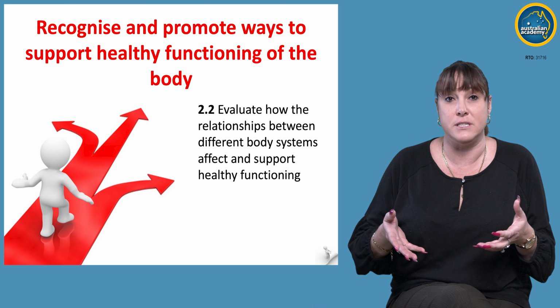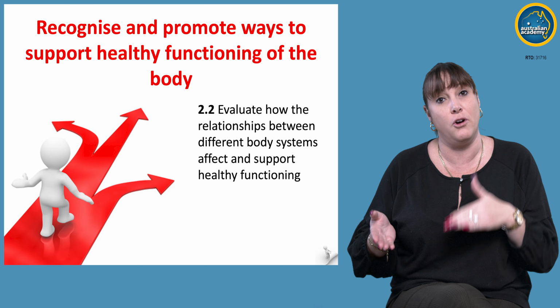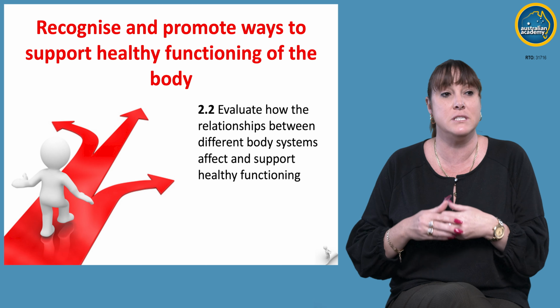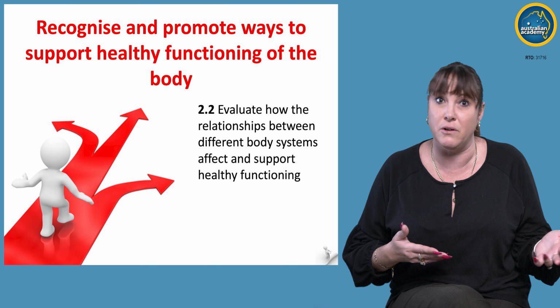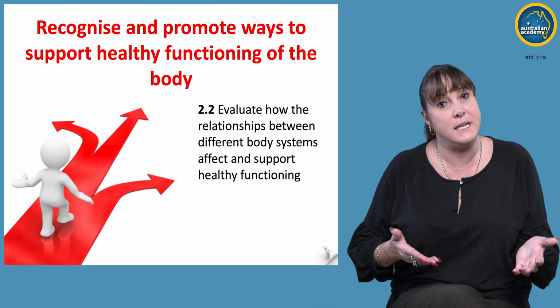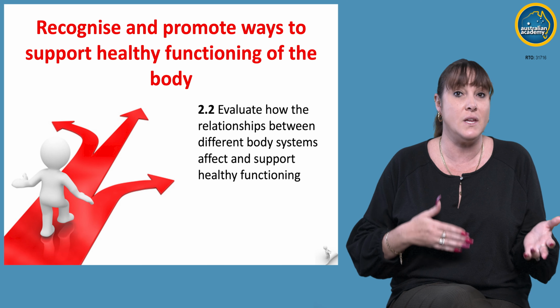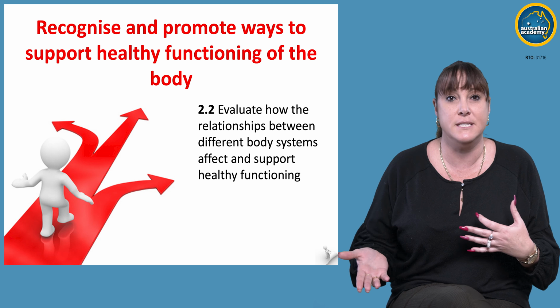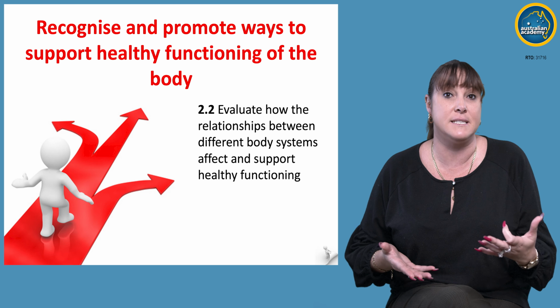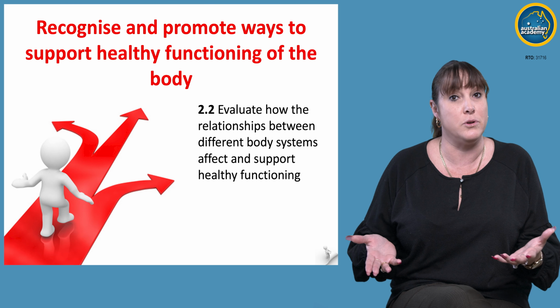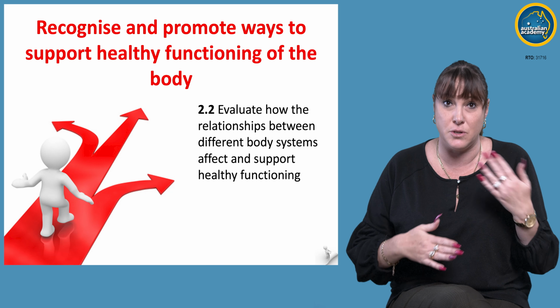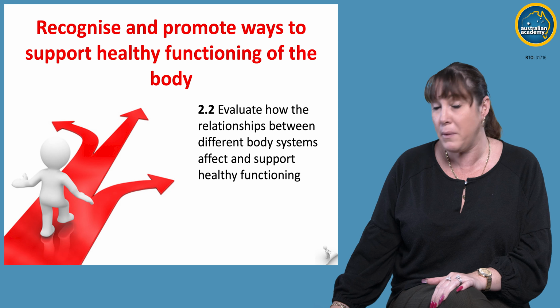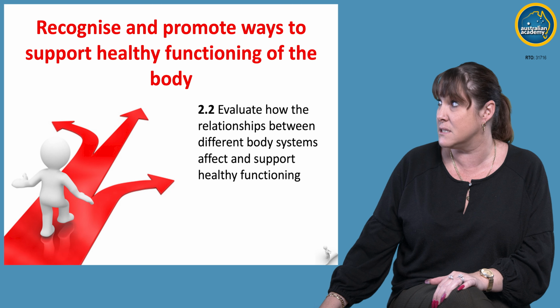That's where you're going to start to find that there are knock-on effects through the body, not just in the respiratory system, but it might knock on to the endocrine system where you're getting a fever, so it's not maintaining your core temperature. It could knock on to your digestive system because you're not wanting to eat as well as what you normally would when you're feeling okay. So you can see that there are interlinks to each system. So we want to make sure that we can maintain those systems as much as possible.